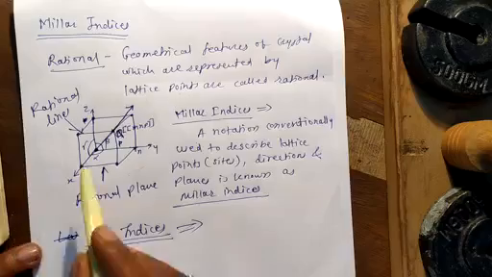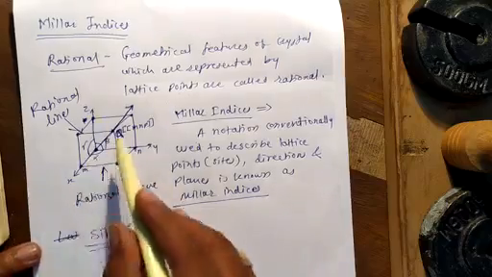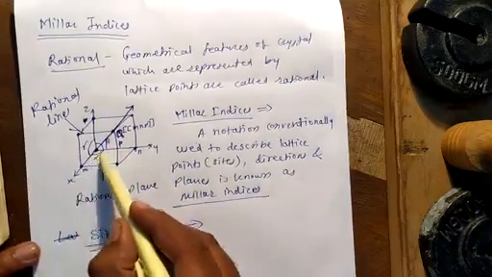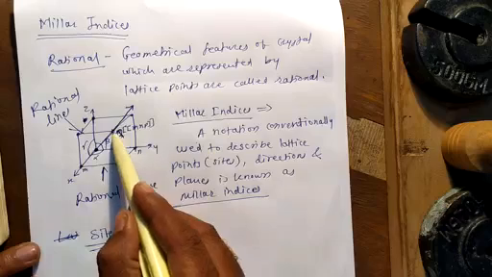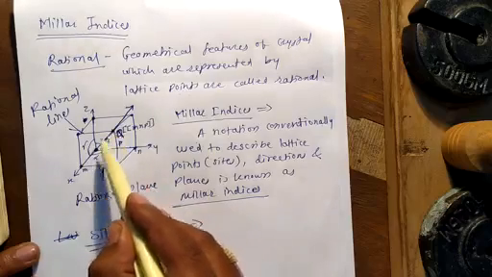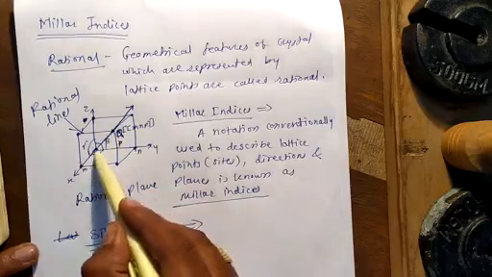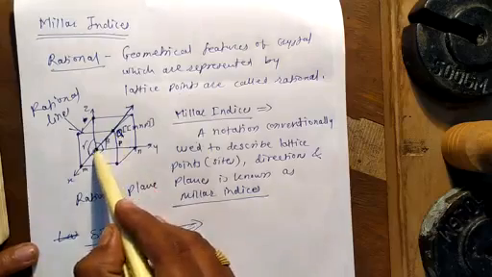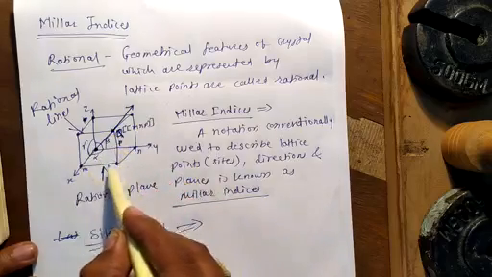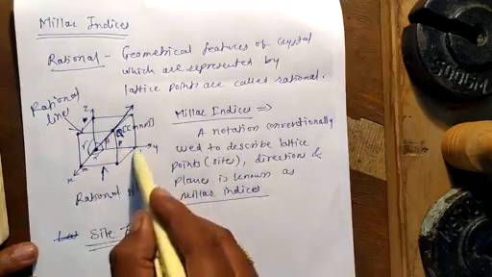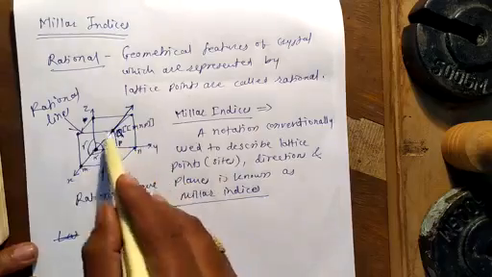Let's consider any point as origin. These are the lattice parameters, these are the angles. With respect to the origin point, this is the lattice site. It is the rational point with respect to this lattice point, which is some distance along x-axis, some distance along y-axis, and some distance along z-axis.